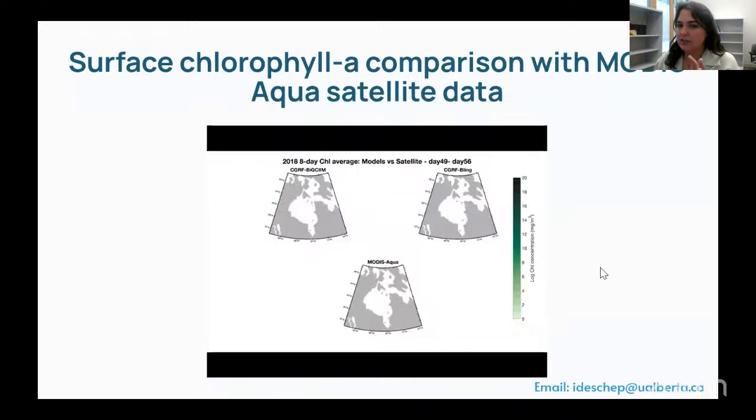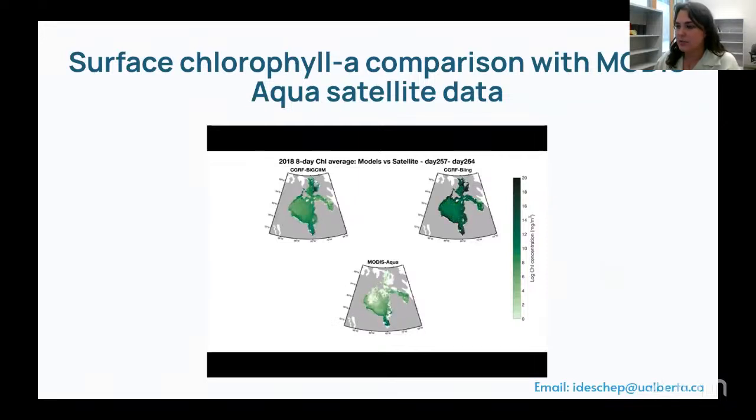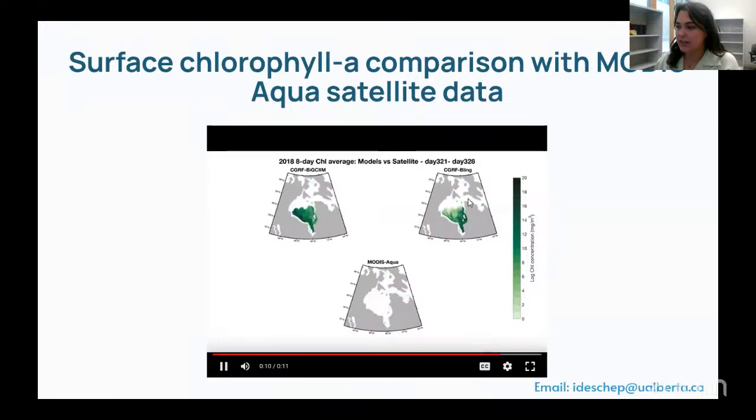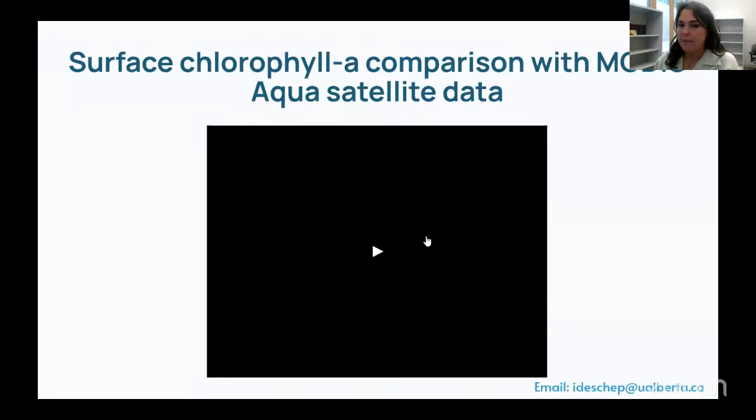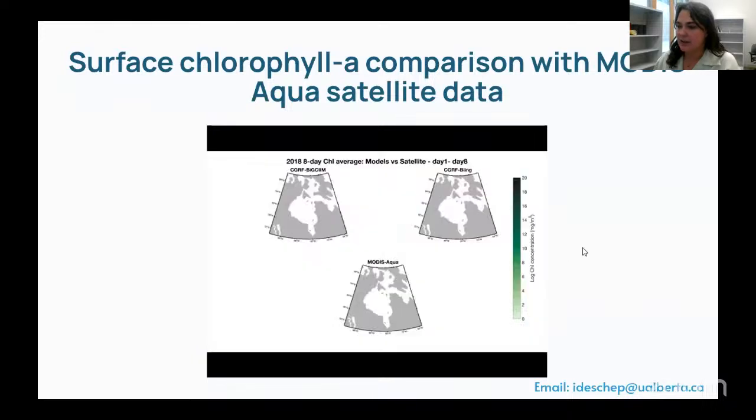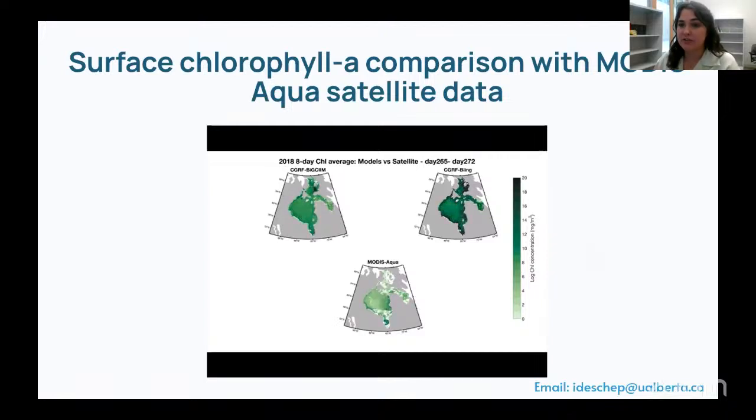And the chlorophyll A concentrations emerge as the ice melts, so there's a bloom along the sea ice edge. We can see that BLING over-predicts this melt compared with the new model, except in the autumn freeze up. So we see a much better representation with the new model than we do with BLING when we move into these nitrogen-based models.